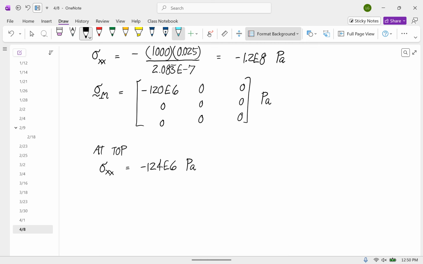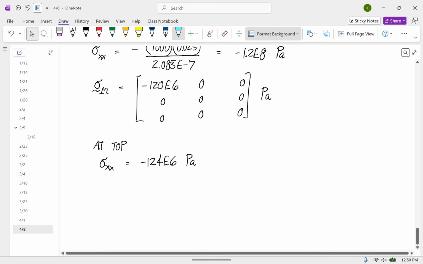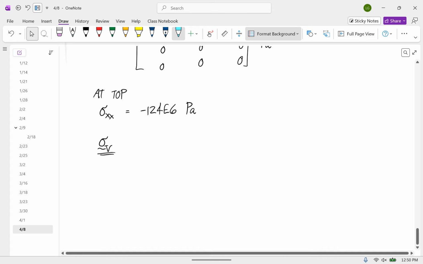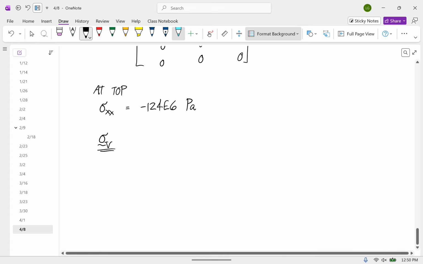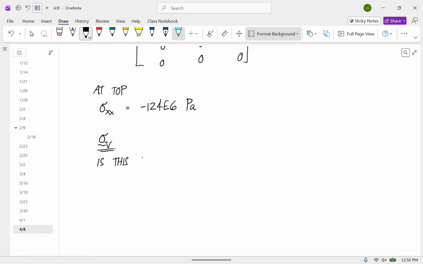And now let's think about the stress due to shear force. So is this ever big enough to make up for the bending moment?